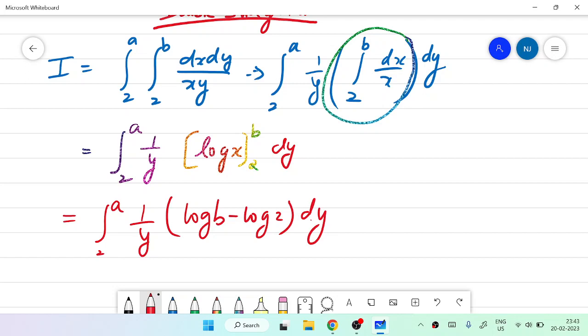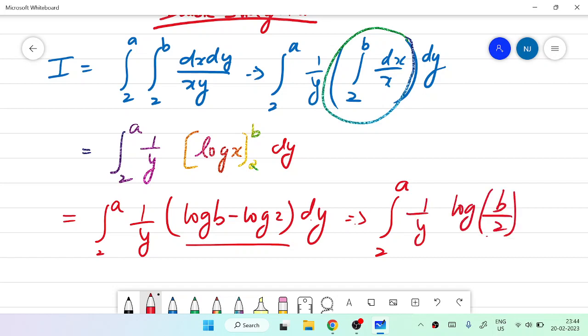Understood? Then I can convert log b minus log 2 into the integral from 2 to a of 1 by y into log of b by 2. I can convert that into division, right? Into dy. Understood?